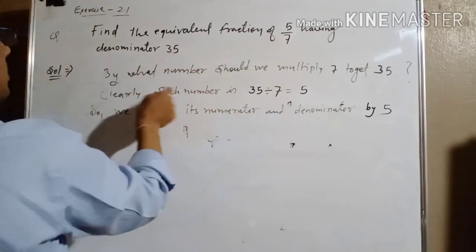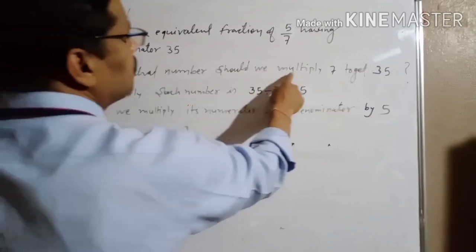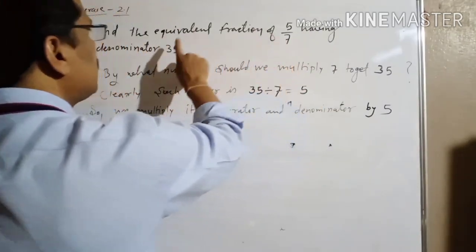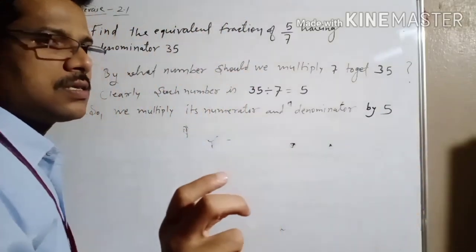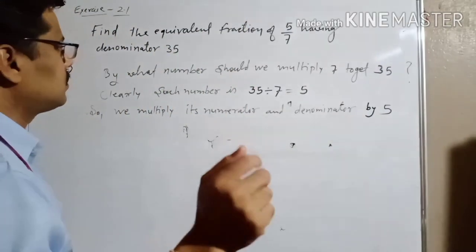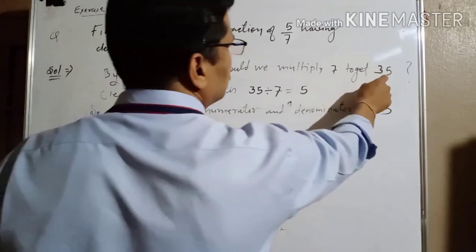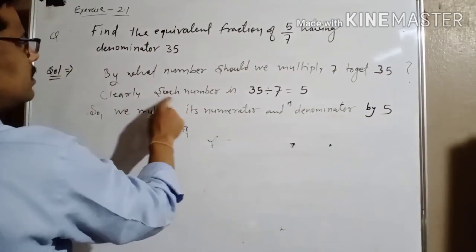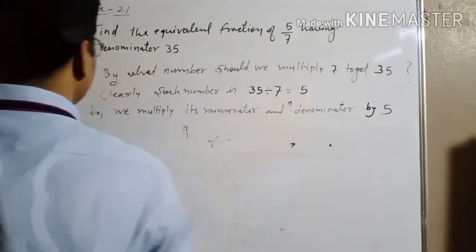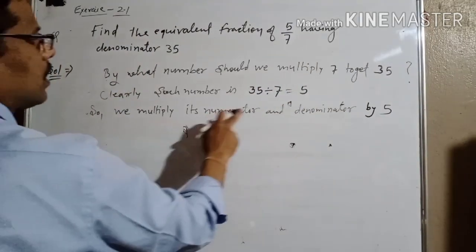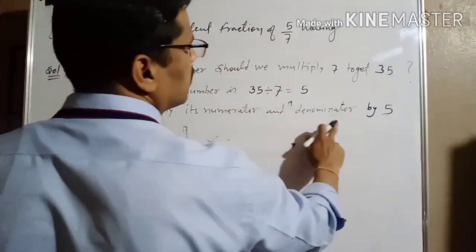So we can write here, by what number should we multiply 7 to get 35? We have written here. Can you think? Yes, just as we had learned, we divide 35 by 7. So clearly such a number is 35 divided by 7. So what do you get here? 5. So we multiply its numerator and denominator by 5.